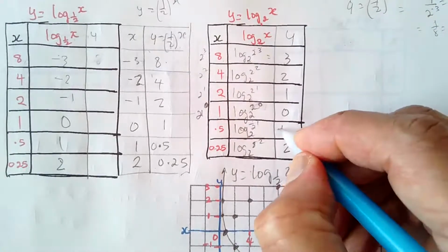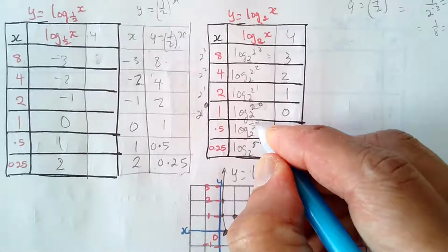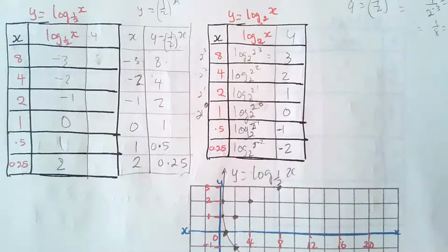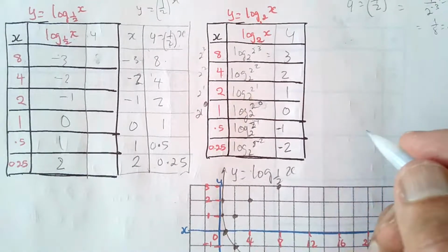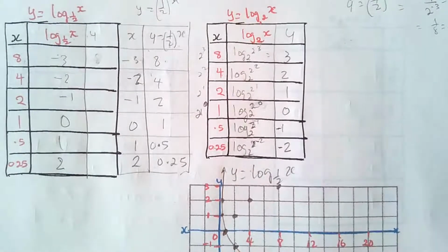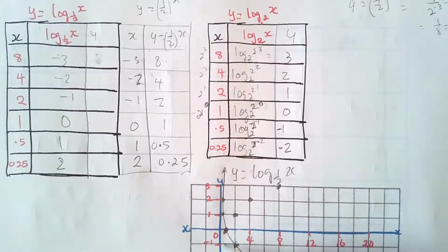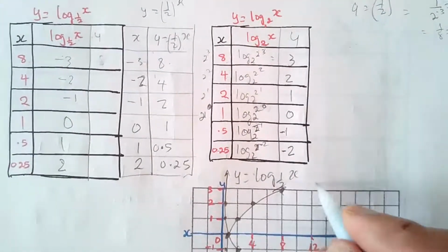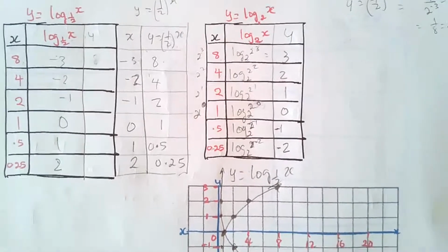Now this should be negative here. It should be negative. And 2. And this we end up with -1. So this is my graph. Down. So this is log 2 of x.